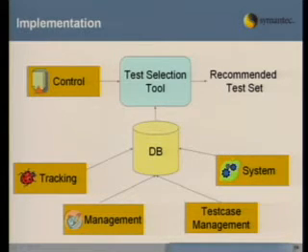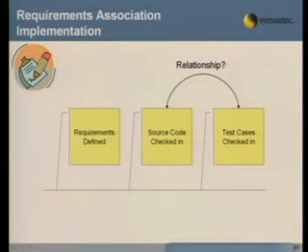So some very basic overview of how this would be implemented. So let's go over the requirements association implementation first. Keep in mind, we're looking for a relationship between source code checked in and test cases checked in per requirement. So an easy way to do it is to parse your requirements, again, assuming you have programmatic access to these databases.